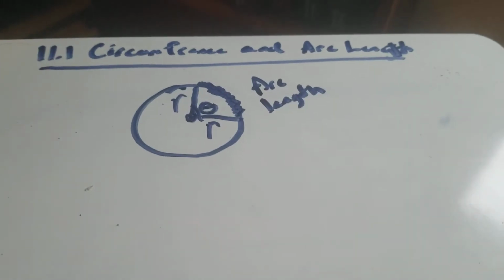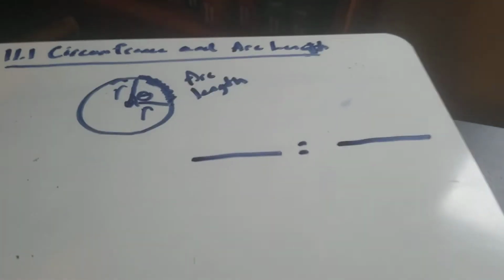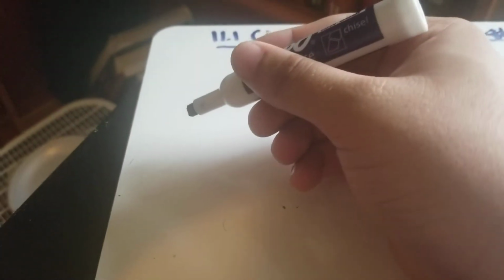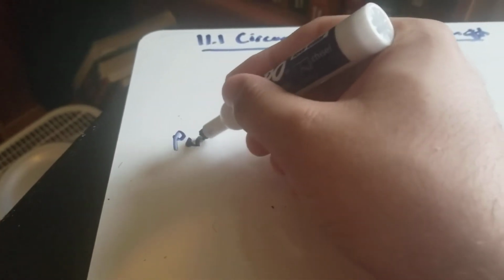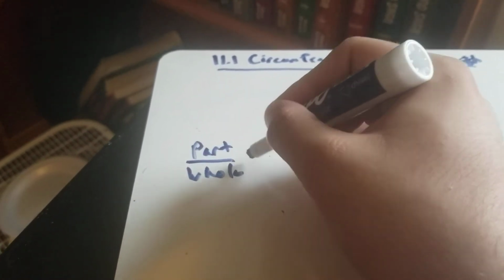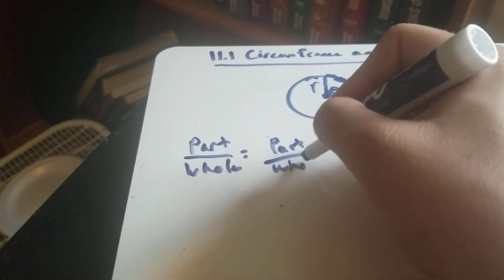I'm just going to have to pause for a second to get the equation ready. Okay, so the ratio is going to be between two fractions, and it's going to be written kind of like this: part over whole equals part over whole.